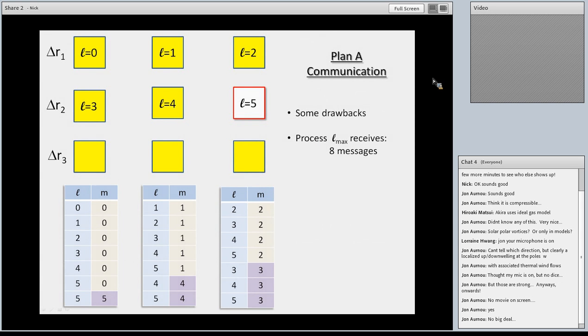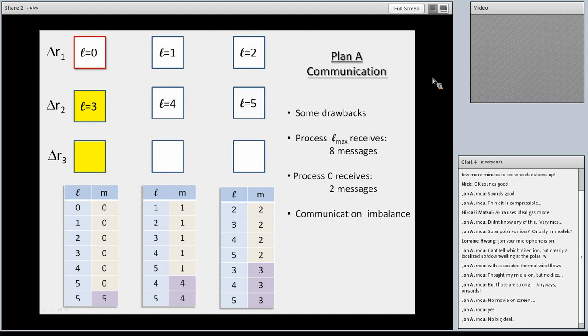The first one is that if you look at process 5, which is responsible for L5, it actually has to get information from processes in every column of this configuration. I've shown the different LM combinations that each column is responsible for, and what you see is that L5 appears in every column. And so every processor has to give its L5 information for the radial points that it has to process 5. So process 5 receives 8 messages in this case, and it has to solve for 8 right-hand sides.